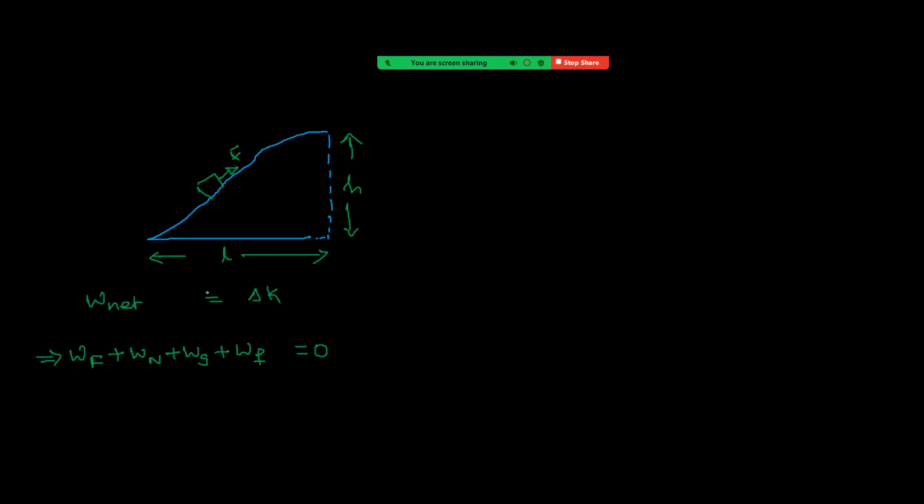Because if you are taking a small path, the small displacement will be along the tangent. Normal reaction is always normal to that.